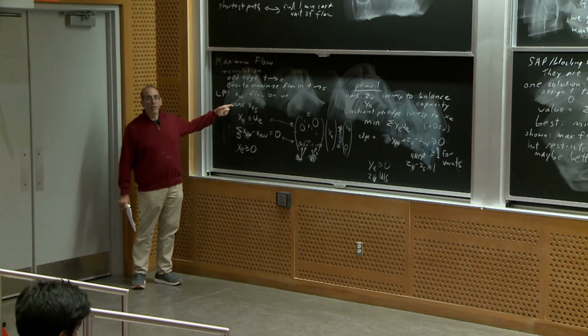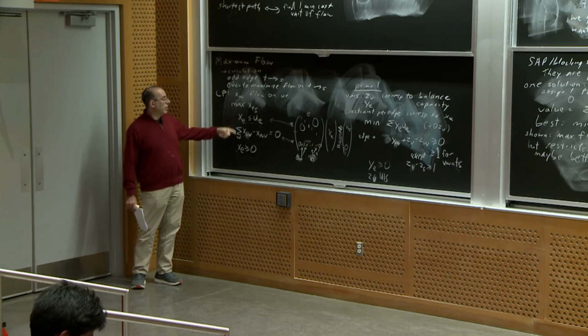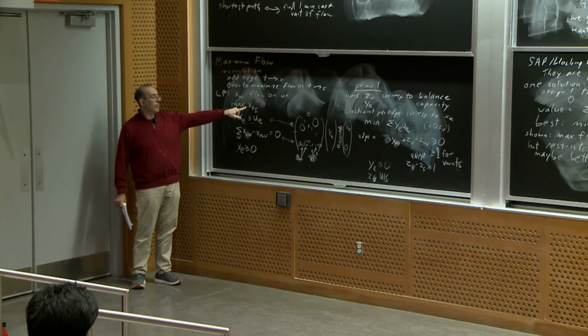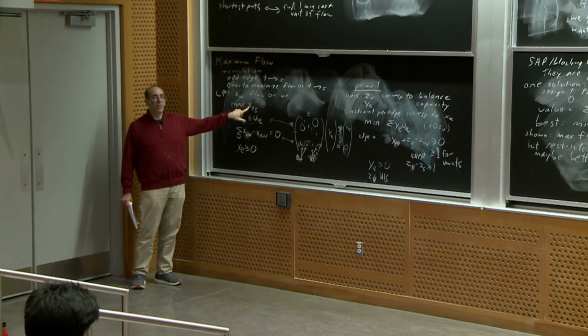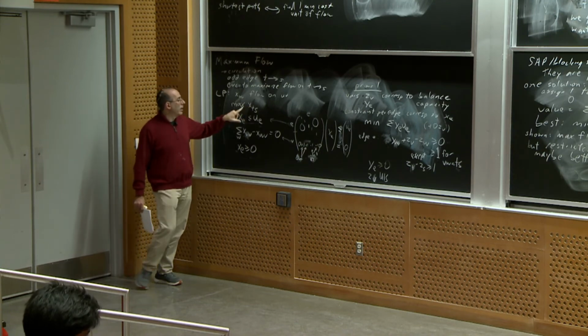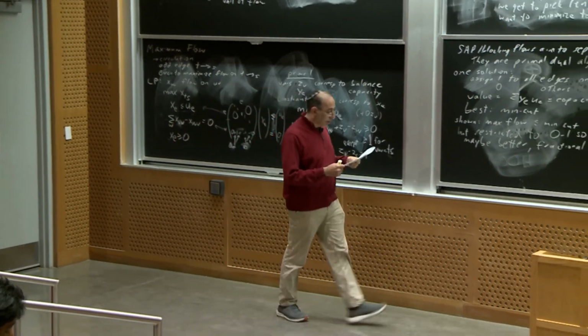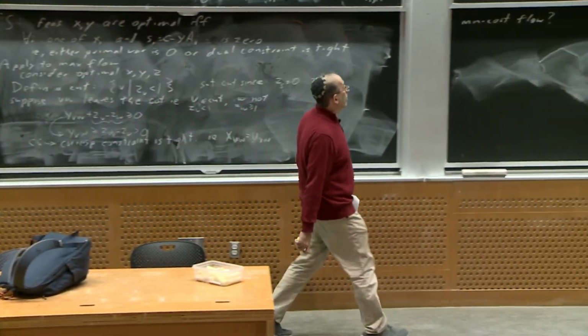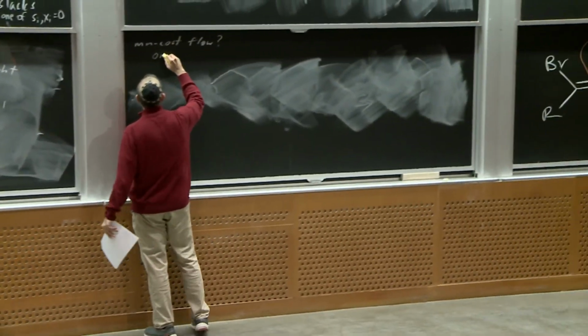Only the objective function, right? What I did here was I basically cheated. I said to do max flow, we're going to do min cost circulation where we have a cost of minus 1 on the TS edge. So the only change in the min cost circulation problem is to the objective.